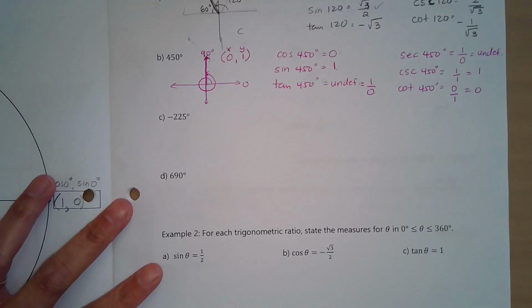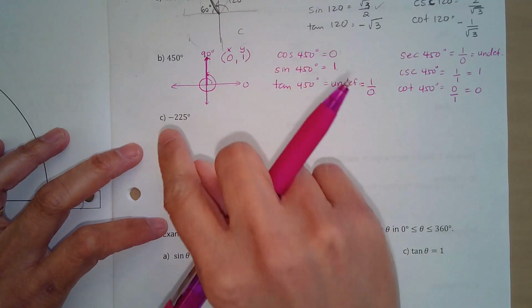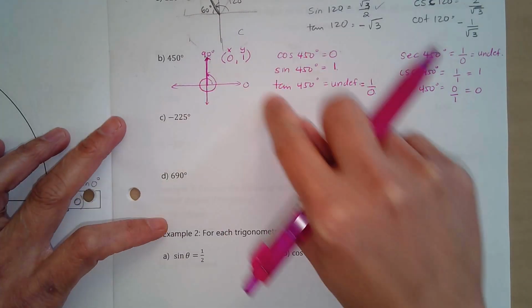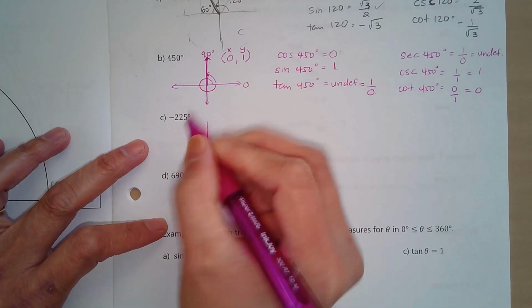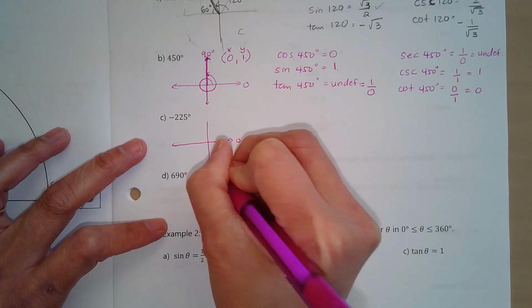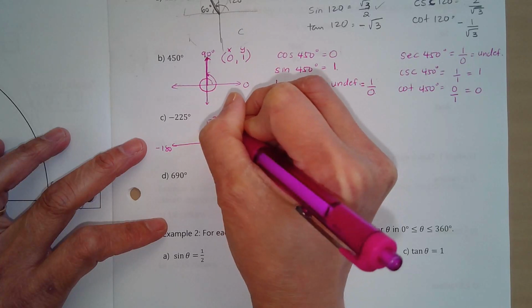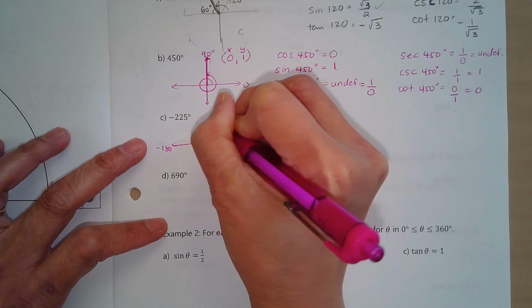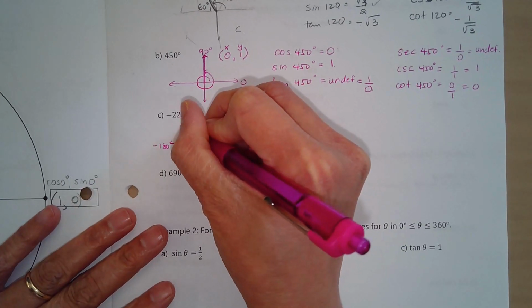Let's take a look at this one. Negative 225. It's a negative angle, so it's going to rotate clockwise. So where would that land? So 0, negative 90, negative 180, negative 270. So negative 225 would be there.